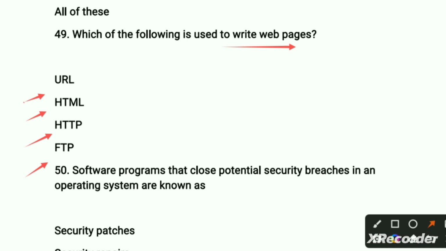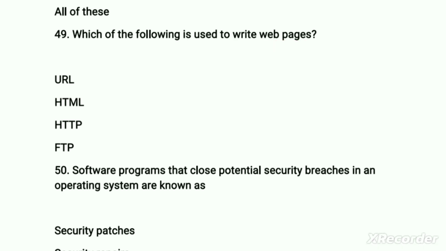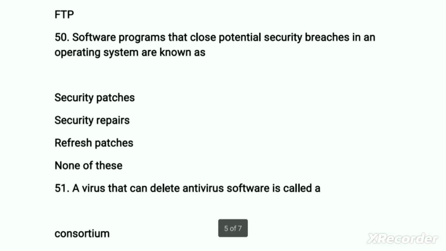URL means uniform resource locator, HTML means hypertext markup language, HTTP means hypertext transfer protocol and the fourth option FTP means file transfer protocol. All these are protocols. So our right option for writing web pages is HTML, hypertext markup language. Move to our next question.